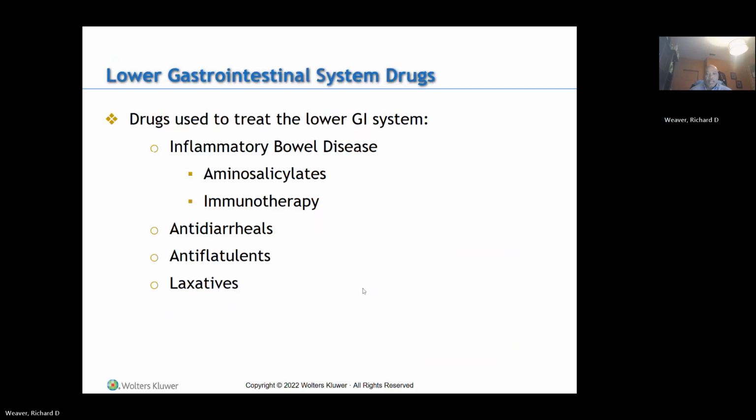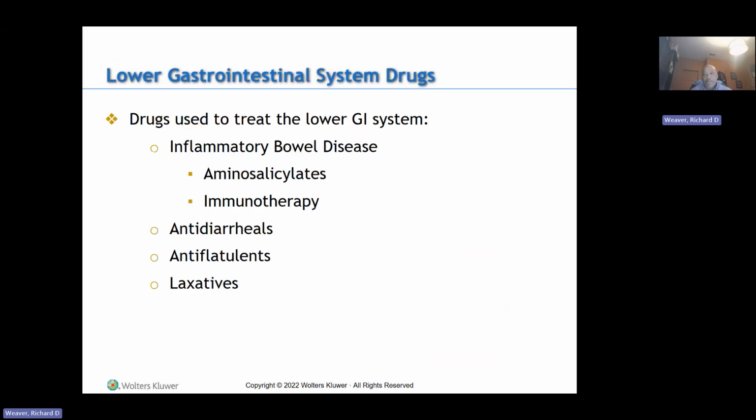All right. So let's take a look at inflammatory bowel disease. All right. Now, according to the Crohn's and Colitis Foundation of America, in a study that was published back in 2021, about 1.6 million Americans have inflammatory bowel disease.